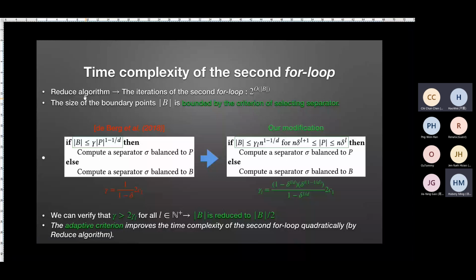The reduced algorithm has given us that the number of iterations of the second for loop is in big O, proportional to a power of the size of boundary points, and the size of boundary points could be bounded by the criteria of creating the separator.